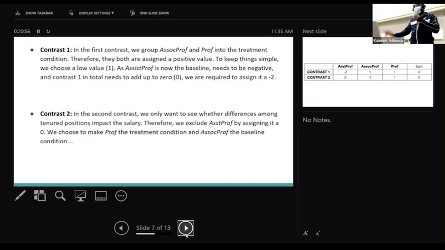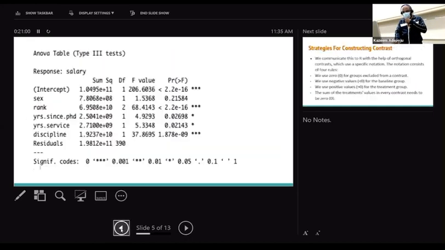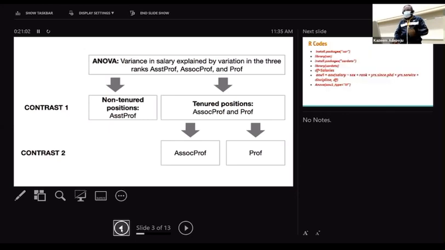In the first contrast, we want to compare the non-tenure track position with the tenure position. In the second one, we want to compare, within the tenure cadre, the associate professor with the professor.